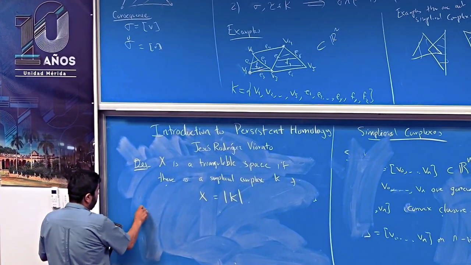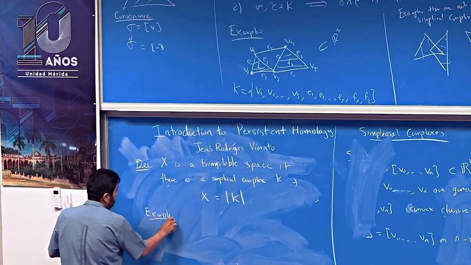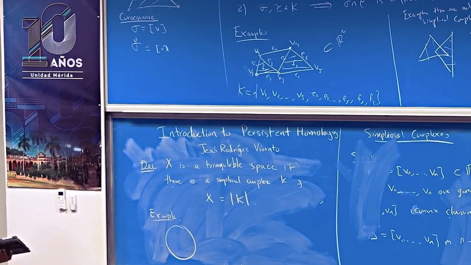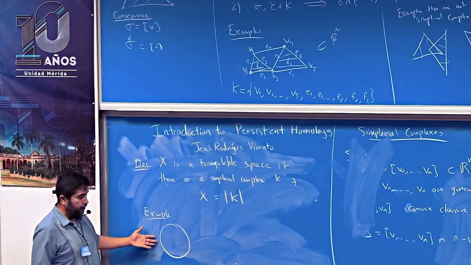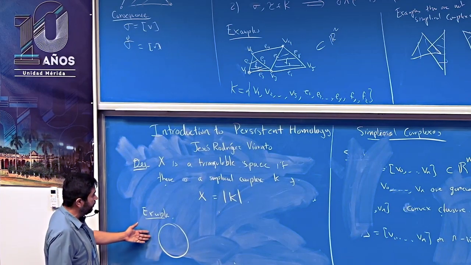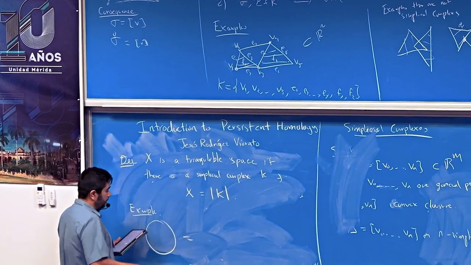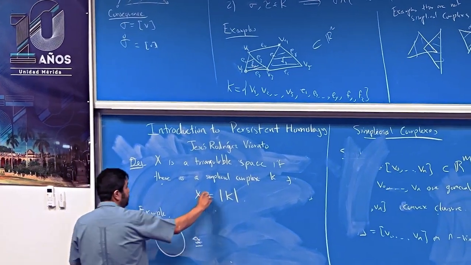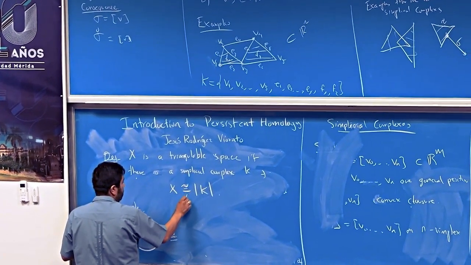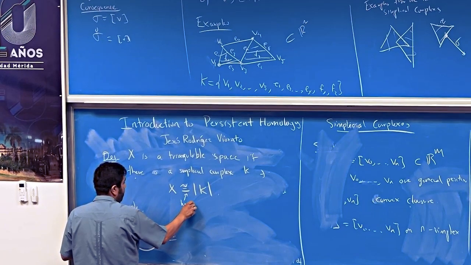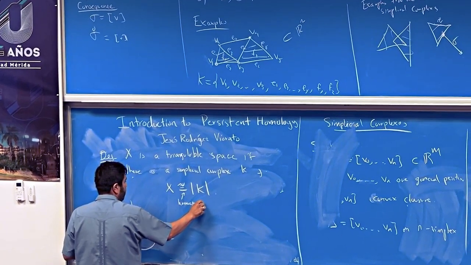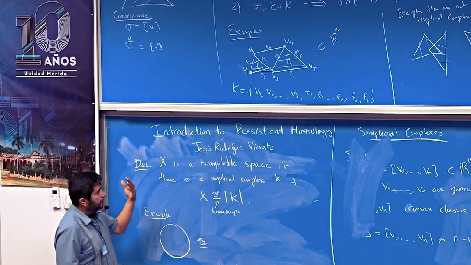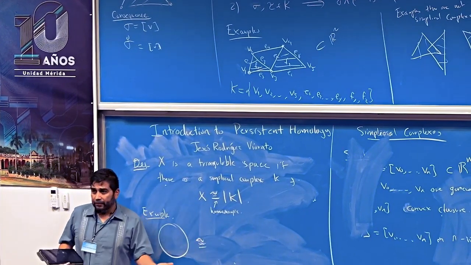So a good example is, you take the circle in R2. This is homeomorphic to the geometric realization of a simplicial complex.